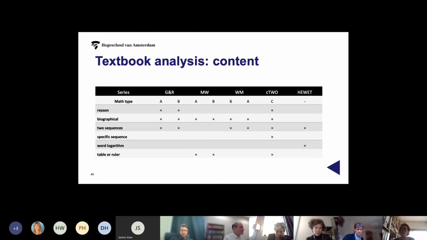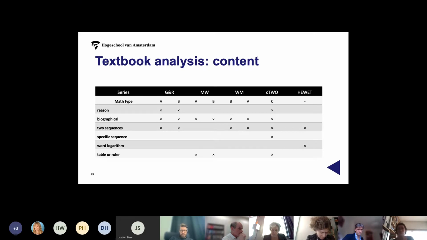But I'm not going to show you all the clips from all the textbooks. I have put the most relevant information in this table. You can see here that there's actually a lot of difference between how the textbooks introduce logarithms and the way they use history of mathematics in it. Some state reasons, some use the table or the ruler.